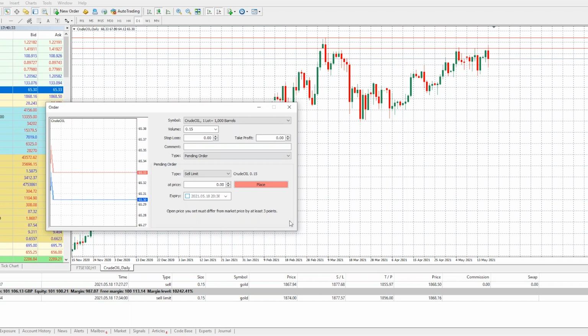Very good question. So right now, if we're planning to sell from the resistance level up here on oil, then that's a sell limit, selling from a higher price. Okay, so that price then is 67.9 or so.